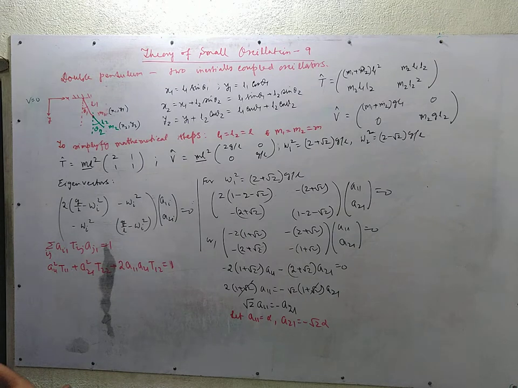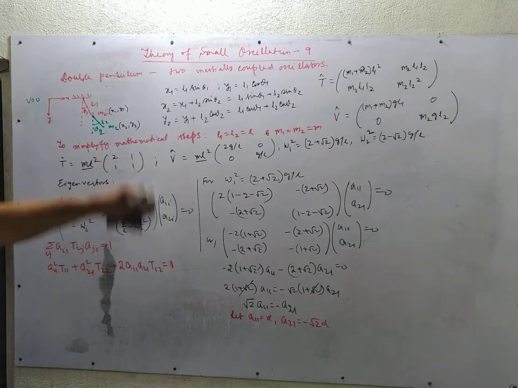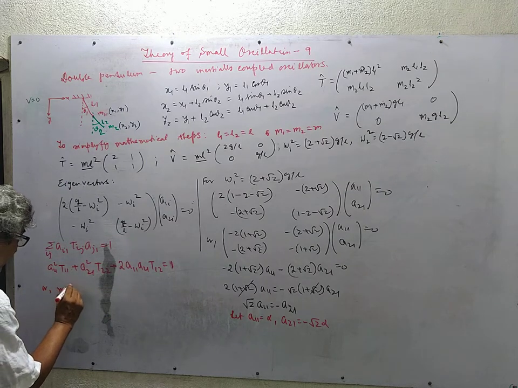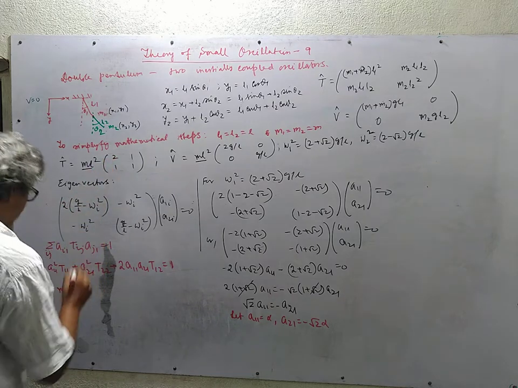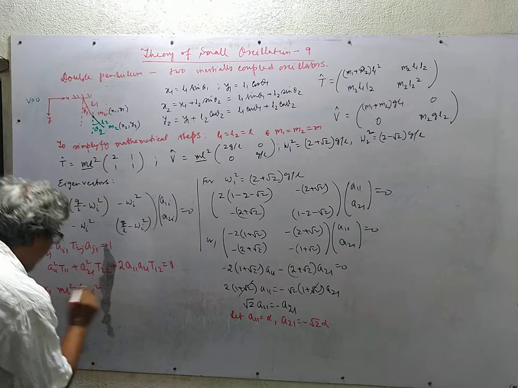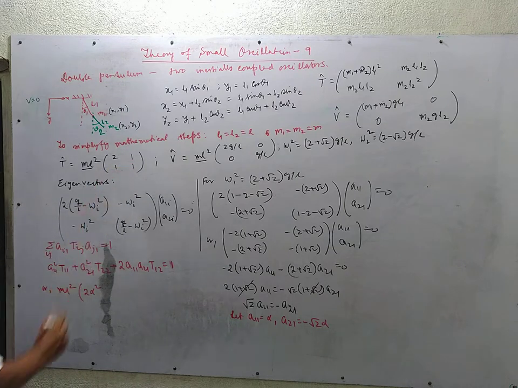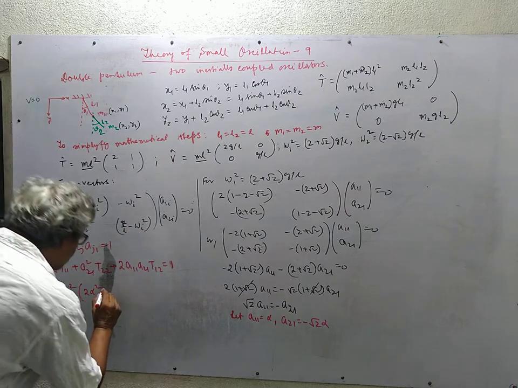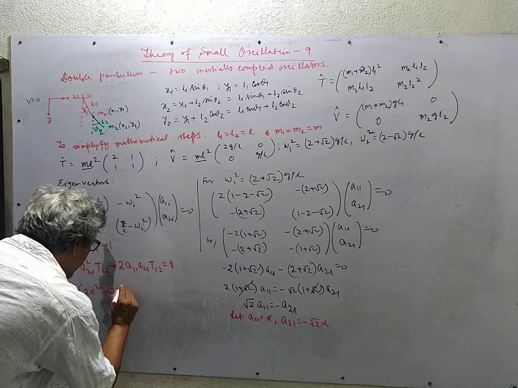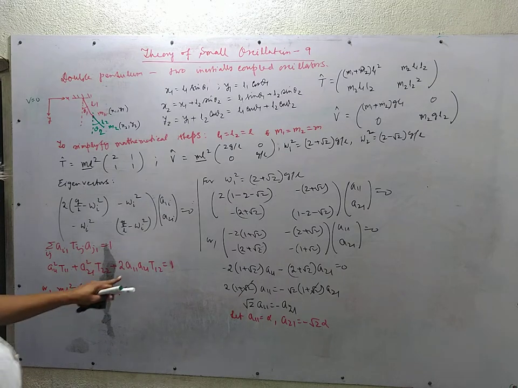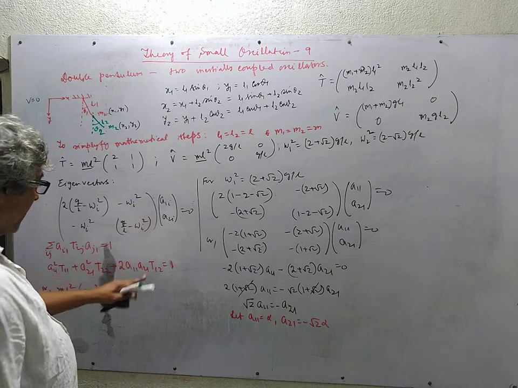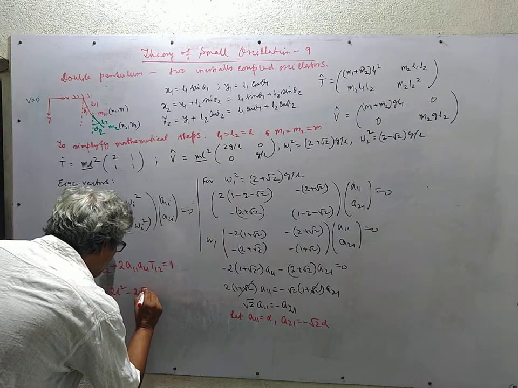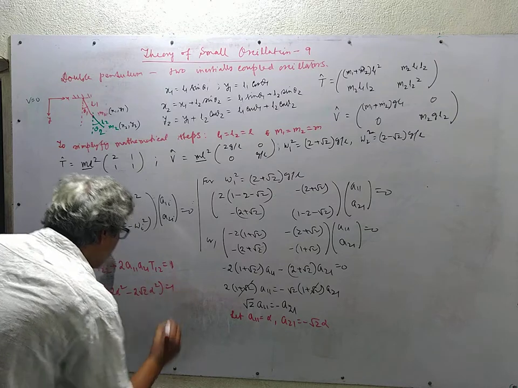Now coming to the T matrix. The T matrix is m l squared times, T11 is then 2 and this is alpha squared. For this it is 1, and T12 is minus root 2 alpha, so this is plus 2 alpha squared, and for this T12 is 1 and this is minus 2 root 2 alpha squared is equal to 1.